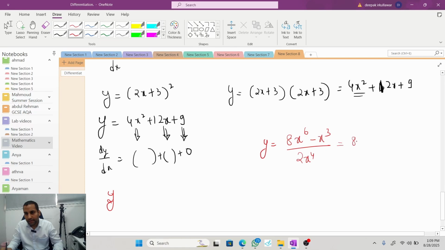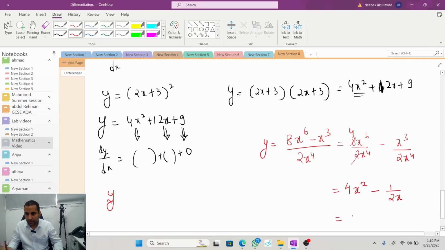So this would be 8x to the power of 6 by 2x to the power of 4, minus x cube by 2x to the power of 4. So this would become 4x square, since 8 divided by 2 is 4 and x to the power of 6 over x to the power of 4 leaves x square. And the second term is 1 by 2x, which is 1 by 2 x to the power of minus 1.